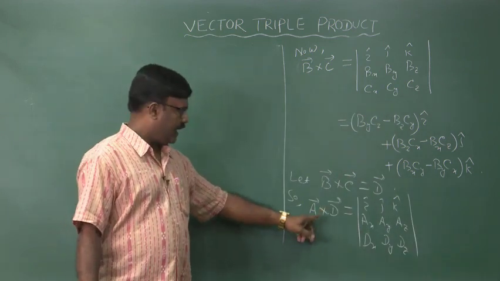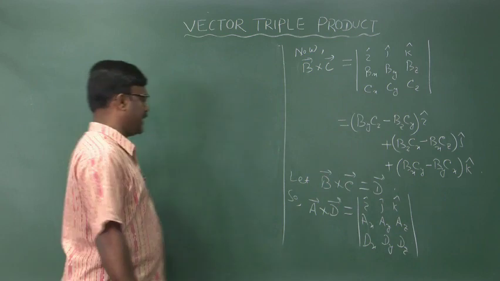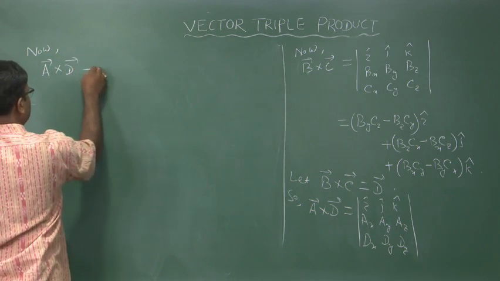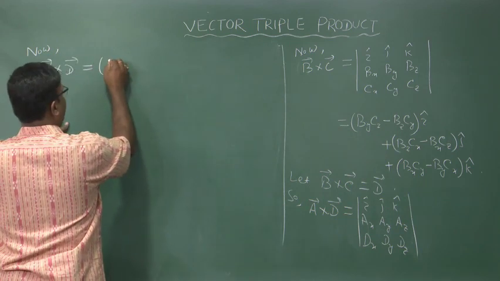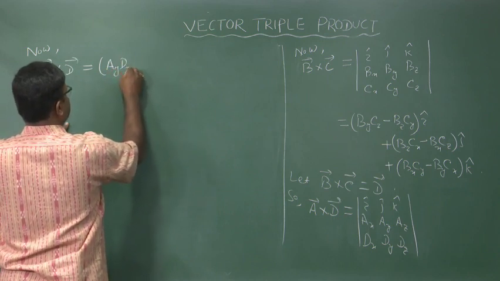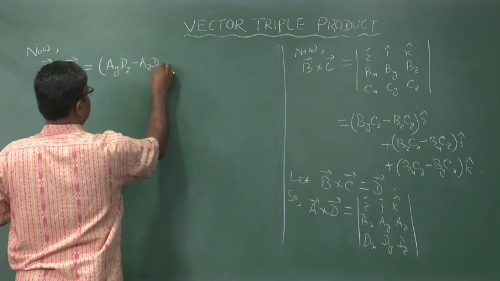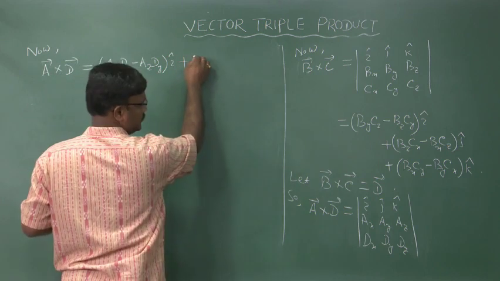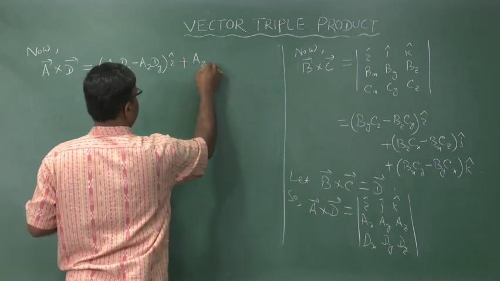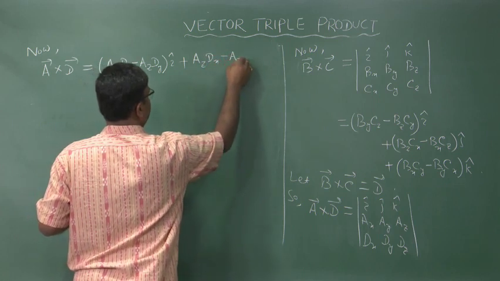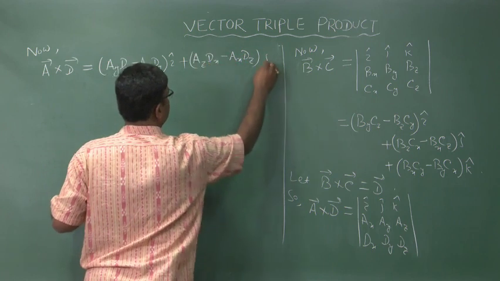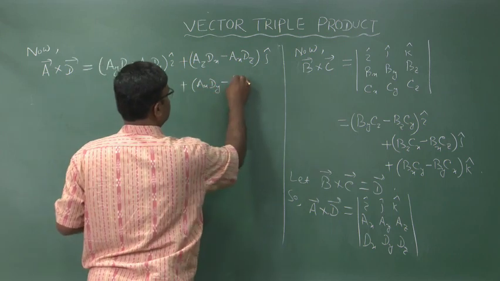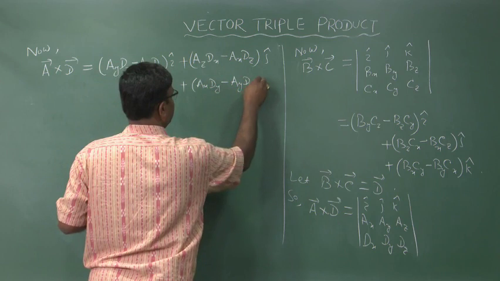Now, this A vector cross D vector can be expanded as (Ay Dz minus Az Dy) i cap plus (Az Dx minus Ax Dz) j cap plus (Ax Dy minus Ay Dx) k cap.